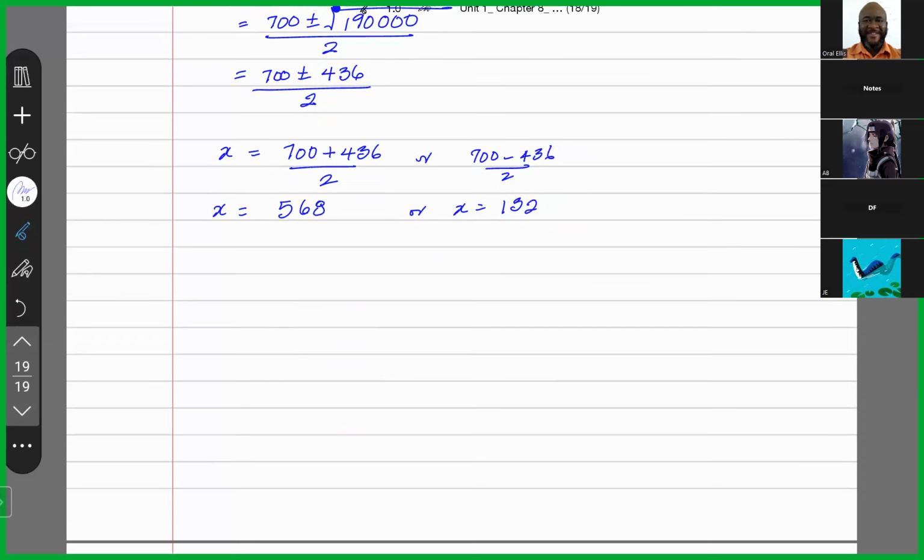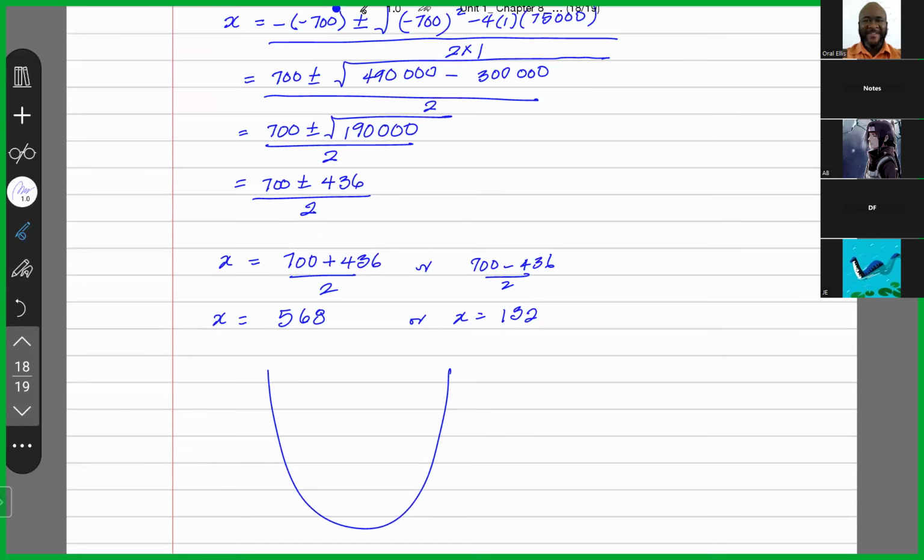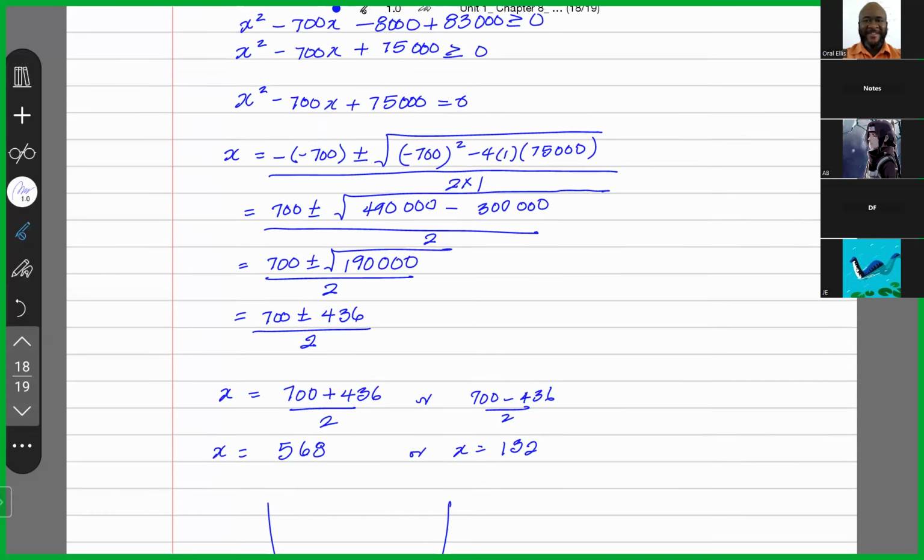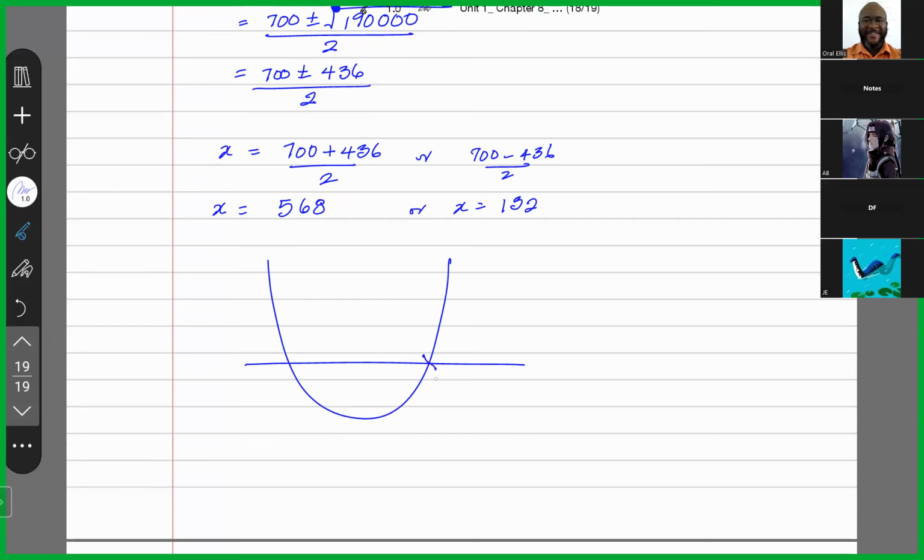All right, so my values of x would be between 132 and 568 somewhere. So x is less than or equal to 568, or greater than or equal to 132.